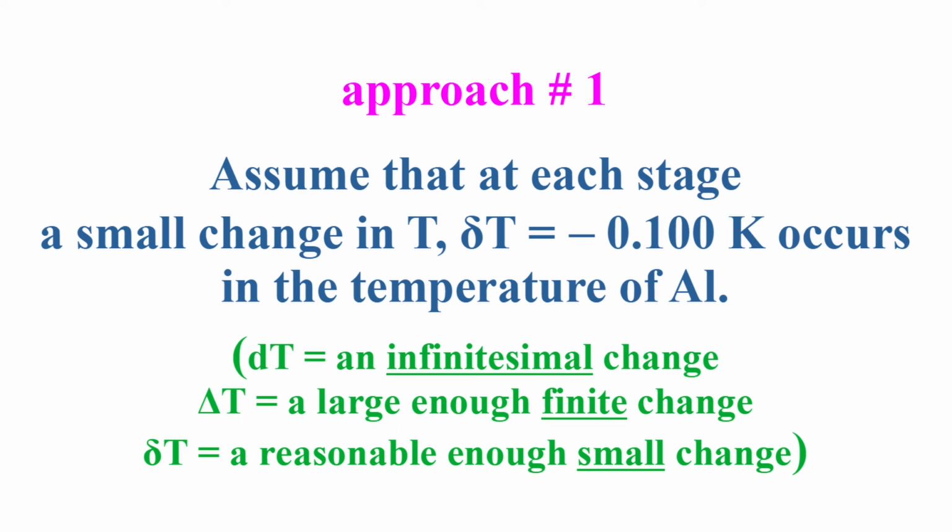Del T refers to a reasonably small enough change as opposed to dt, which represents an infinitesimal change, namely very, very small change, and delta t that refers to a large enough finite change.